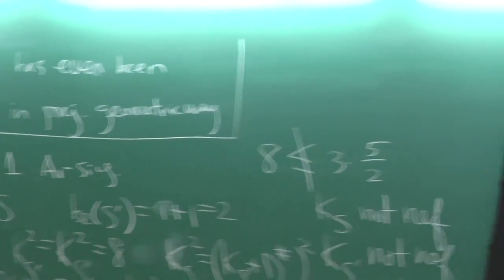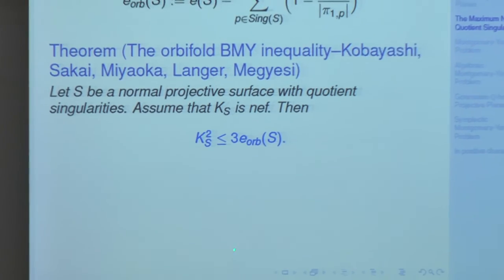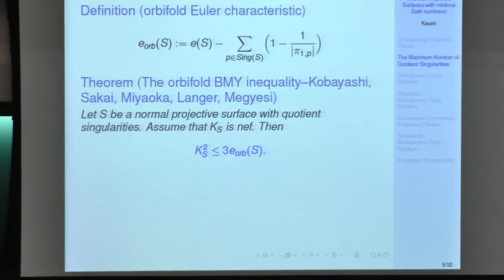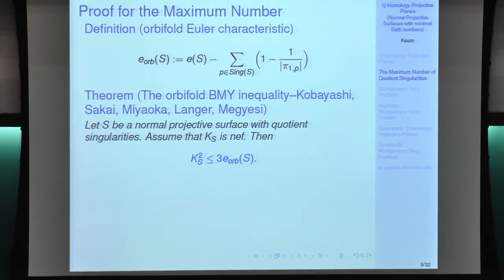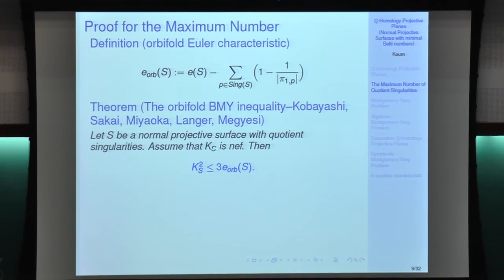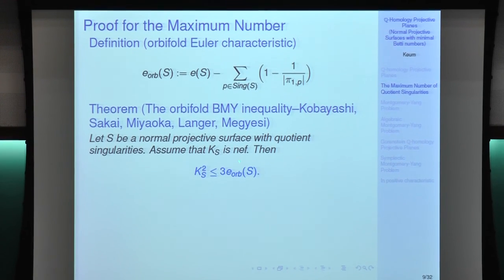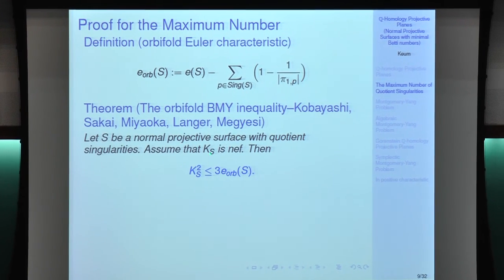It's a rational divisor, so this is a rational number, and also this is a rational number. The only assumption is that K_S is nef. So this is exactly the same; in the smooth case we also need K_S to be nef.